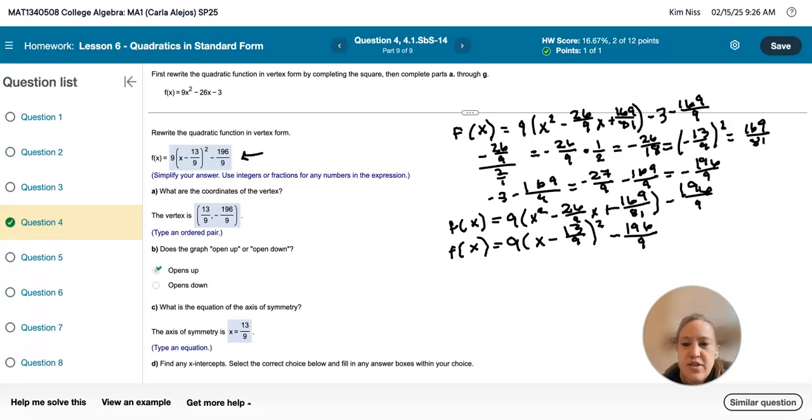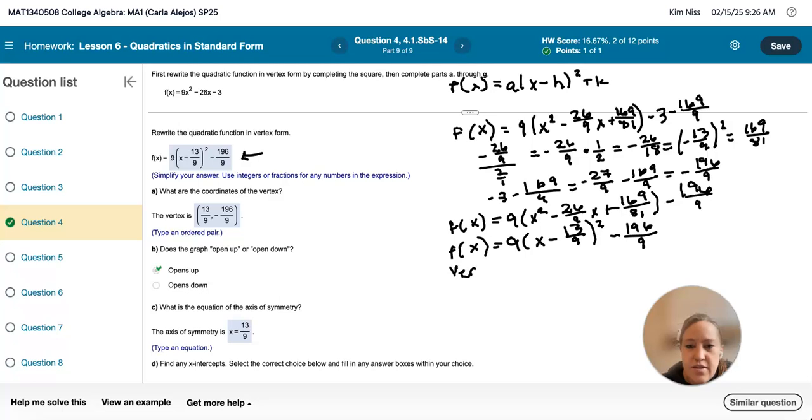So now it asks you a series of questions about the problem. What are the coordinates of the vertex? Well, the standard equation is f of x equals a times x minus h squared plus k. The vertex is h and k.